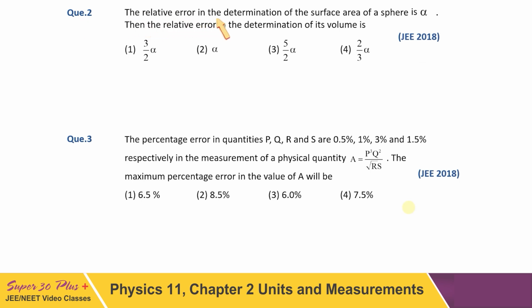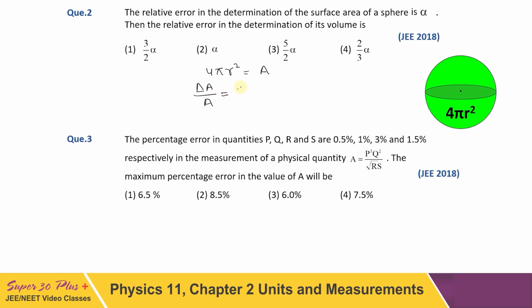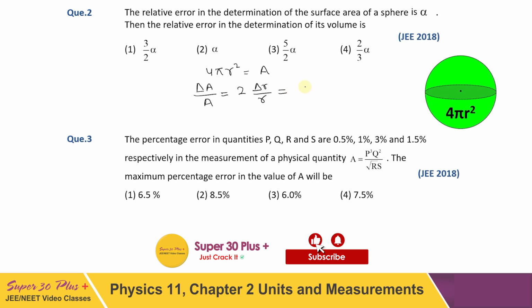Relative error in determination of surface area of a sphere is alpha. Then relative error in determination of its volume is. Now what is surface area? That is 4 pi r square, equal to A, and it is given delta A upon A. So this will be equal to twice delta r by r. This value is given as alpha.